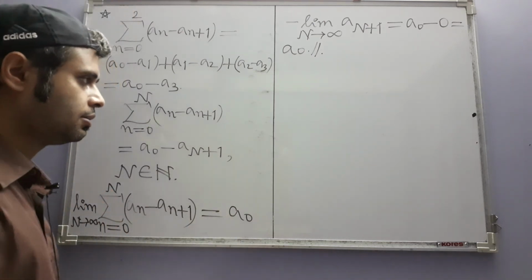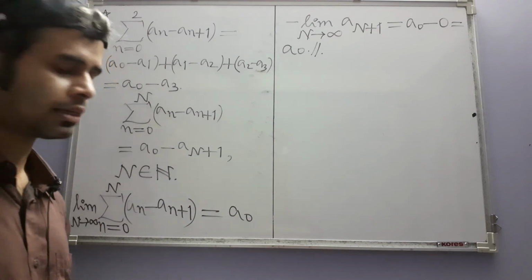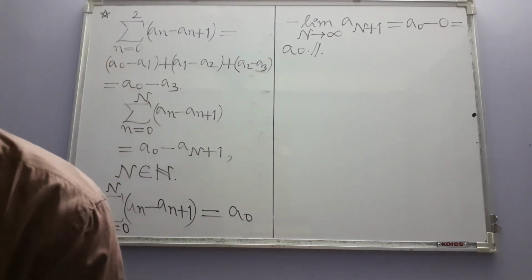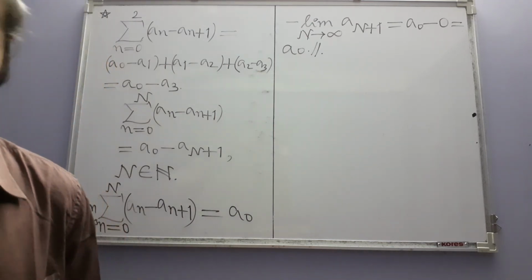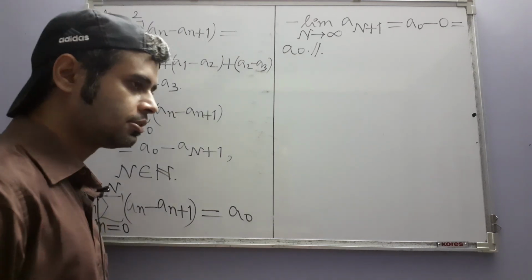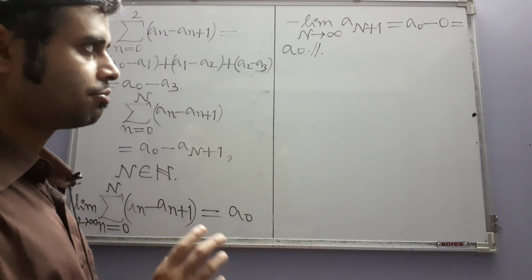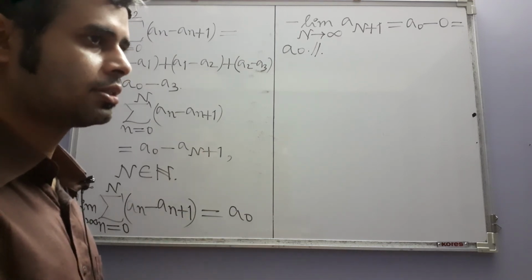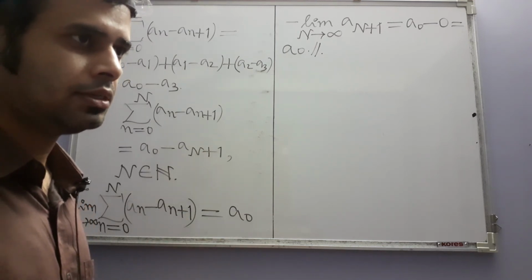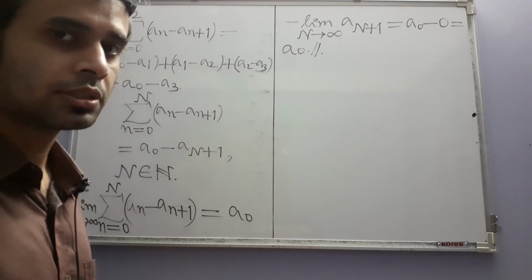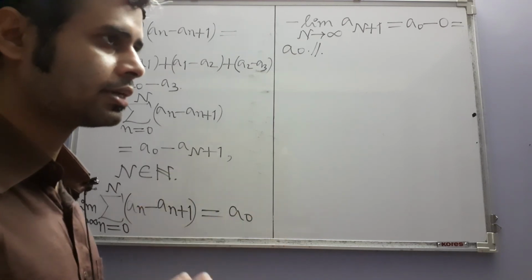Now before I wrap things up, let me just say one thing. Whenever we see some piece of mathematics, usually we see some symbols, and we learn what those symbols mean, and we understand something.